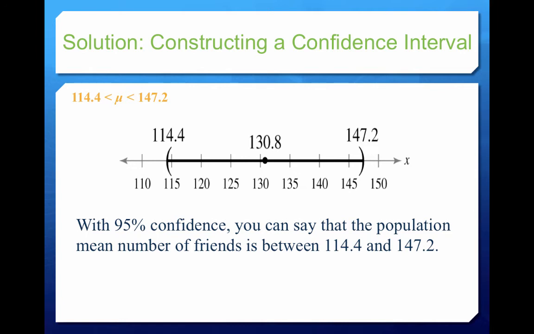You will calculate your 114.4 and your 147.2 very quickly. But what the heck does it mean? Why are we even doing this? We started with a 95% confidence interval. Therefore, with 95% confidence, we can say that the population mean number of friends is between 114.4 and 147.2.